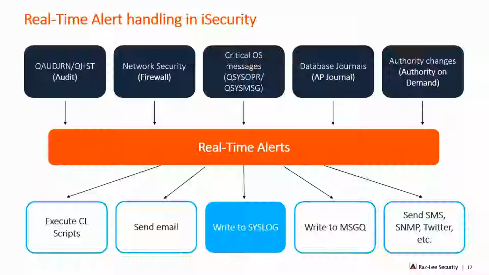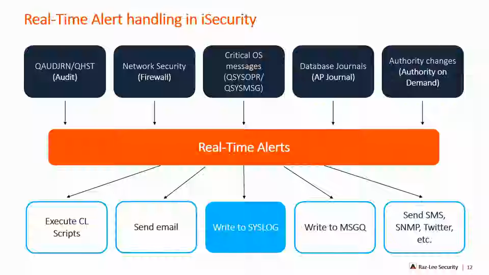If I look at the iSecurity product, we see the audit log based on QAUDJRN and QHST. We have two database sources: QAUDJRN, the system logs, and QHST, the famous DSPLOG command showing you the log, and we can send everything to your SIEM machine or DAM.